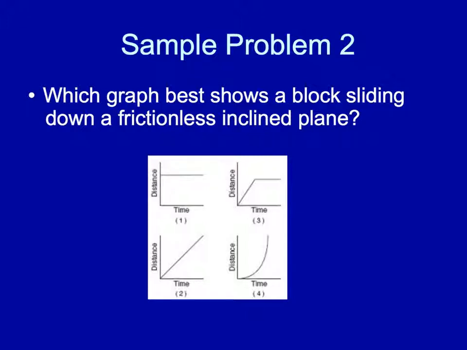Now let's take a look at which graph would best show a block sliding down a frictionless inclined plane. In other words, you're going down a snow hill on your snowboard, and it's frictionless. What would happen to you? Write that down in your homework. I hope this helped. We'll spend a little more time on this in class.